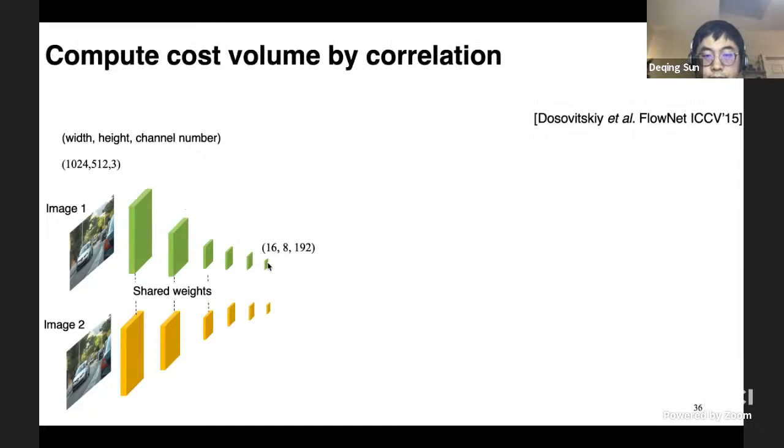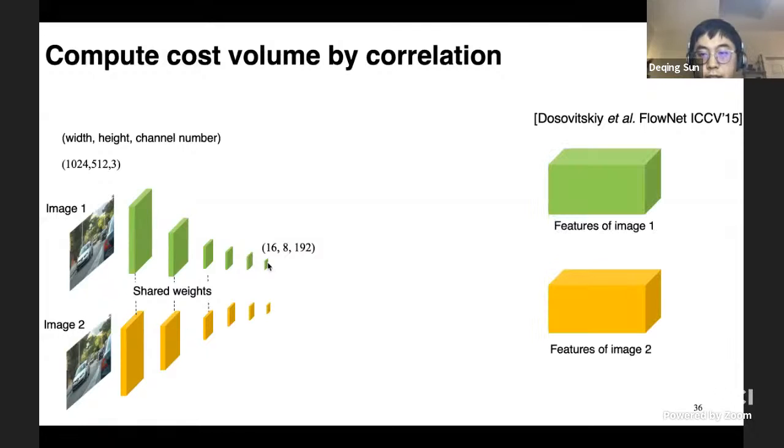And then given the input features from these two feature pyramids for the first image and the second image, we can pick a pixel in the first image and get its feature vector. And then we can compare it with another pixel in the second image, which also has a feature vector.